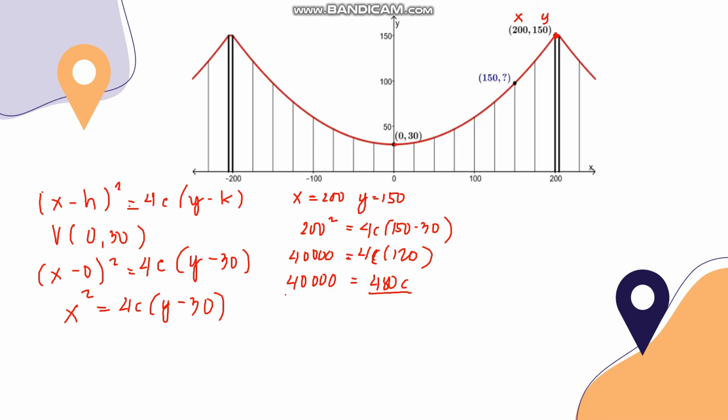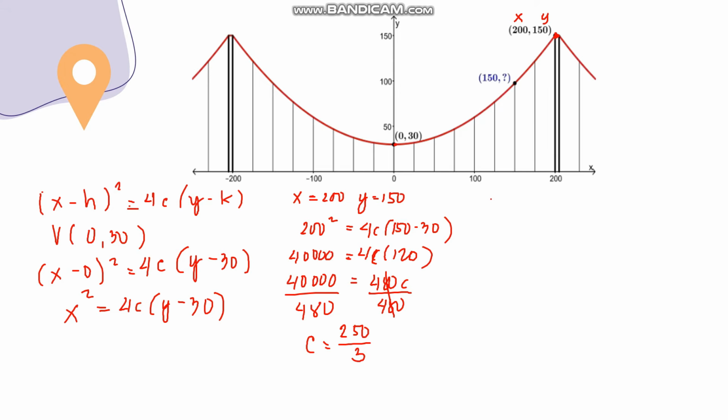Then divide both sides by 480. So c equals, now to get accurate results, let's use a fraction first. Let's simplify this. We will get 250 divided by 3, so we divide both numbers by 160.